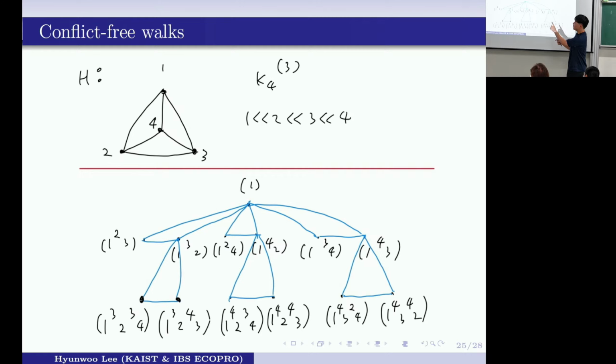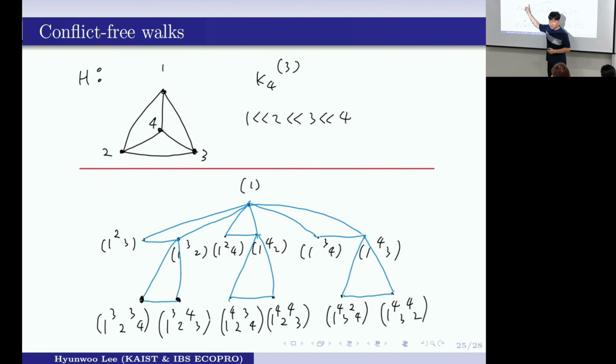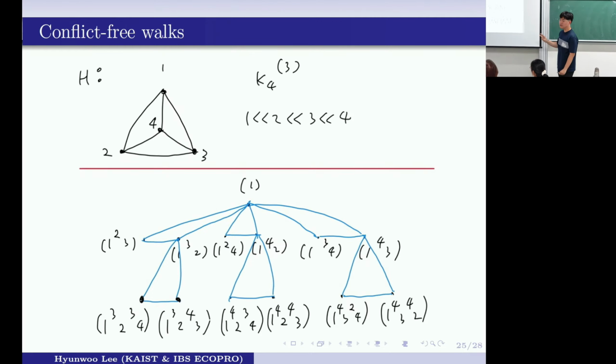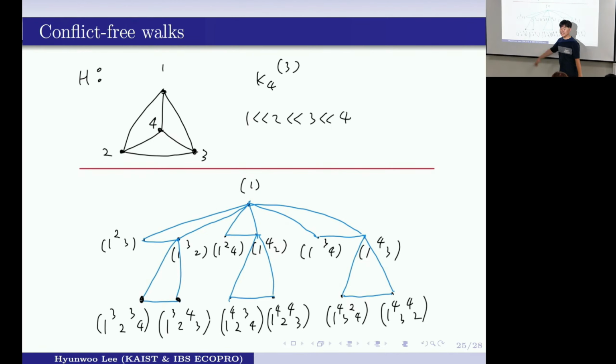So we cannot use 1 and 2. If you want to extend it into some other edge, we need to find an edge which is incident to 3 but not containing 1 and 2. But it's impossible, so this cannot be extended here.